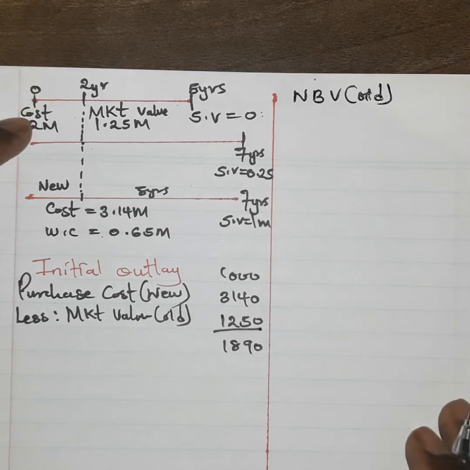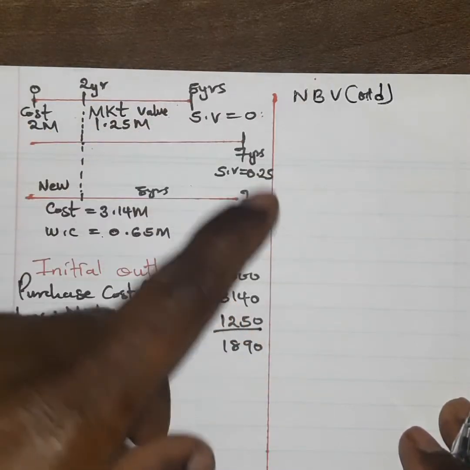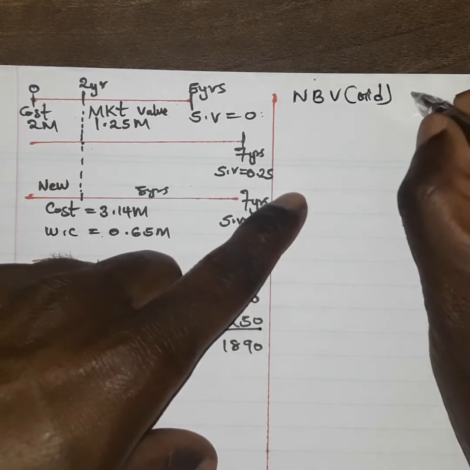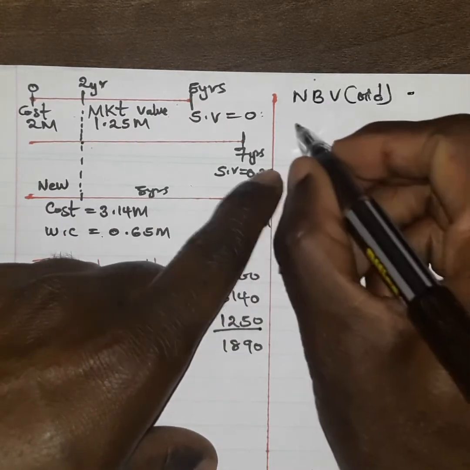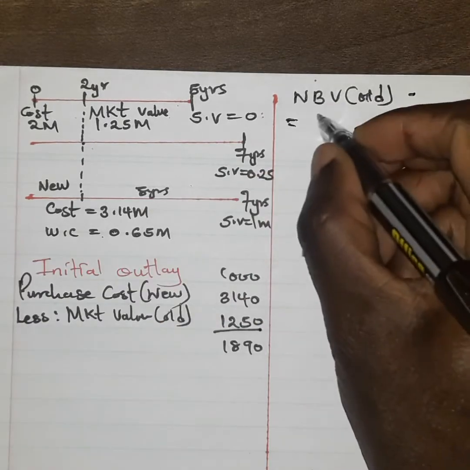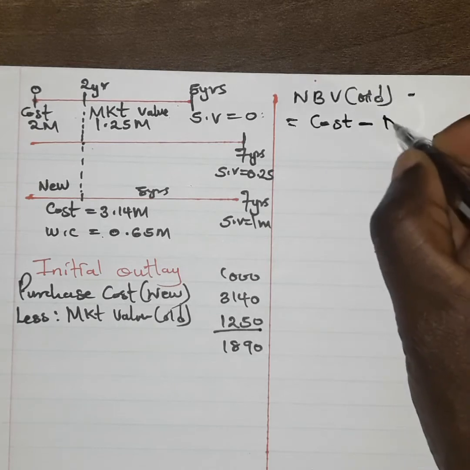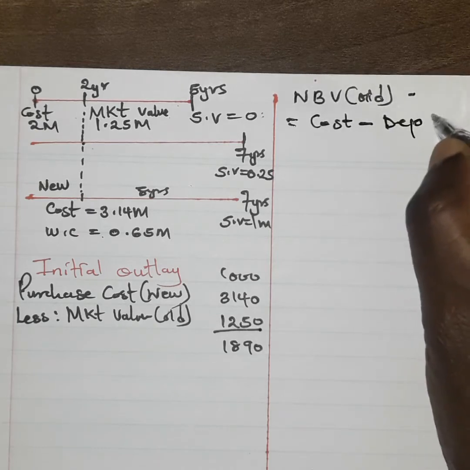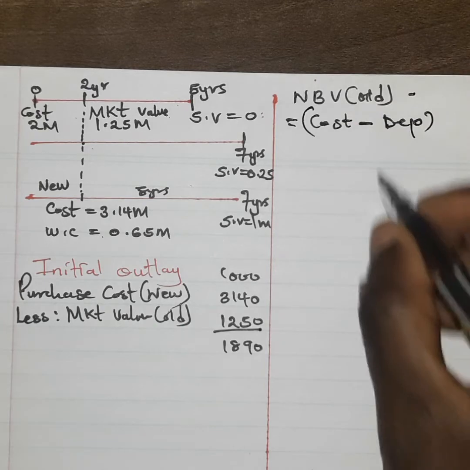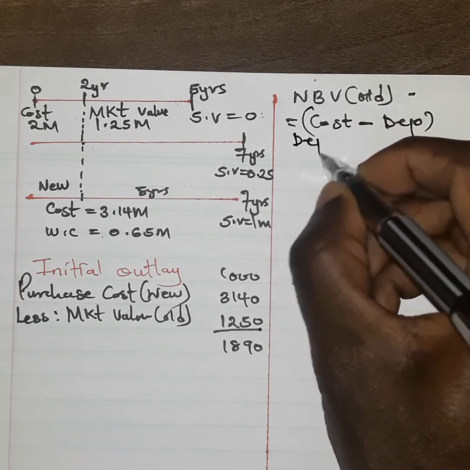And of course, net book value refers to the value of an asset which remains after subtracting depreciation. This is given by subtracting depreciation from cost. So the cost of that item minus what has been lost due to depreciation should give us the net book value. But now, how do we get depreciation?